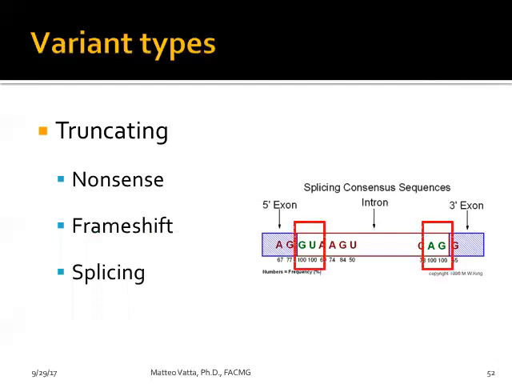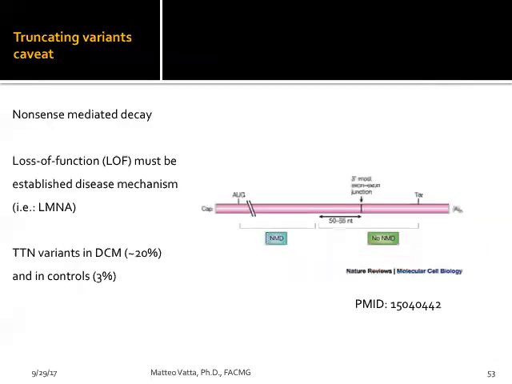When we have splicing variants, first of all, we need to determine whether they are in the invariant position, where the damage is almost certain because those positions are extremely conserved, or if they are outside of that.